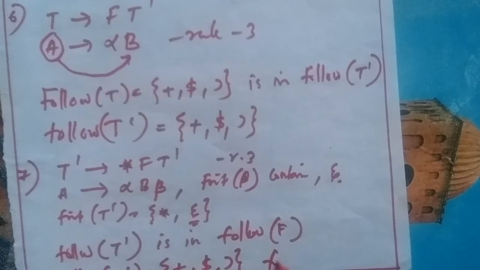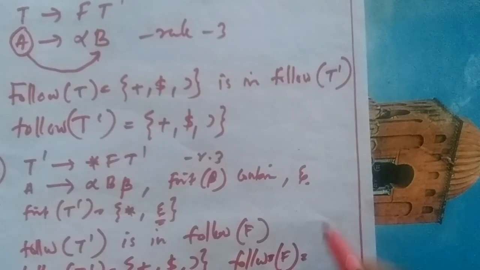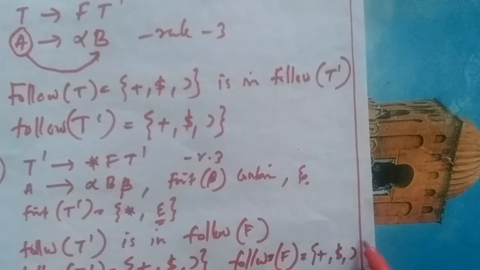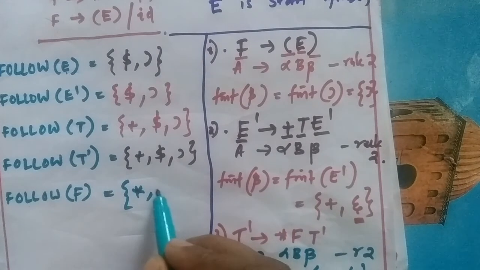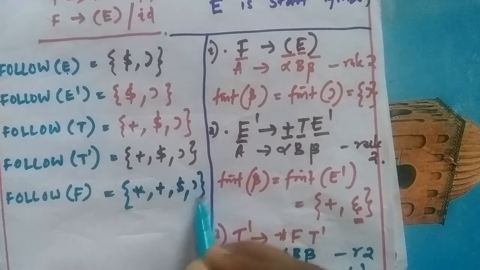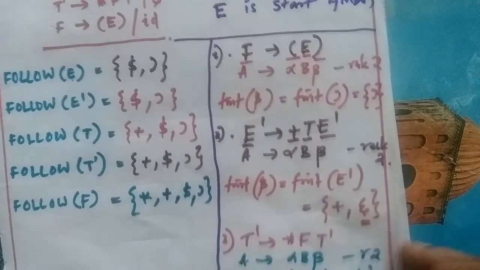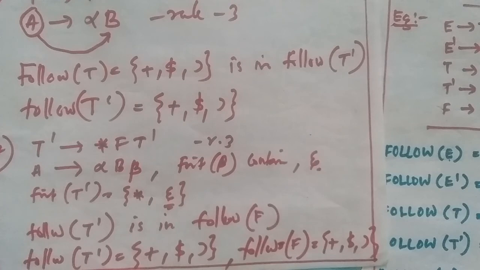So our follow of F contains this plus, dollar and right bracket. Follow of F already has star, then we need to write plus, dollar and right bracket. So these are the additional terminal symbols we have identified from the seventh step.